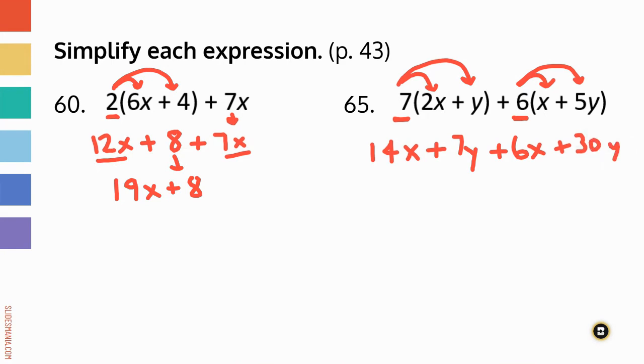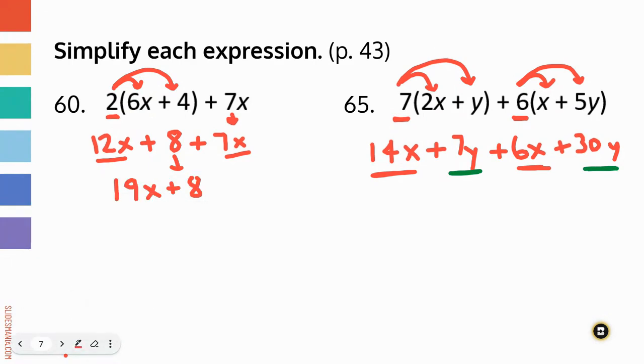Okay, so now we have 2 sets of like terms actually. So we're going to combine our x's together, and then we will combine our y's together. Okay, so let's start with our x's.